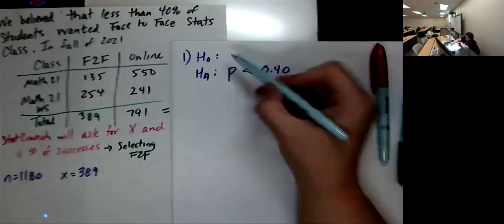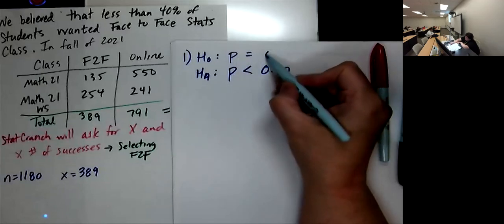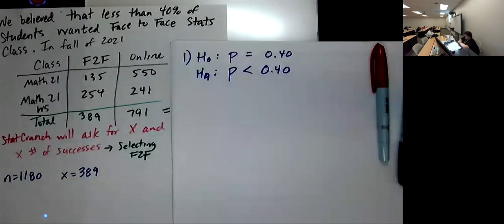H naught is always the one that we know ahead of time, not the statement of confidence. It's the value that we took for granted, the information we had before. We're going to say it equals 40%. And we want to see if there's enough evidence to support our claim. Okay, so that's step one.